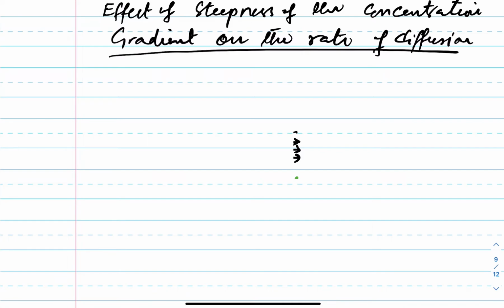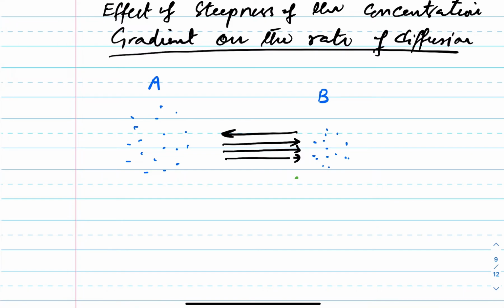If we have a higher concentration of a substance on region A and lower concentration on region B, though molecules will be moving in both directions, the movement of molecules from A to B will be higher.